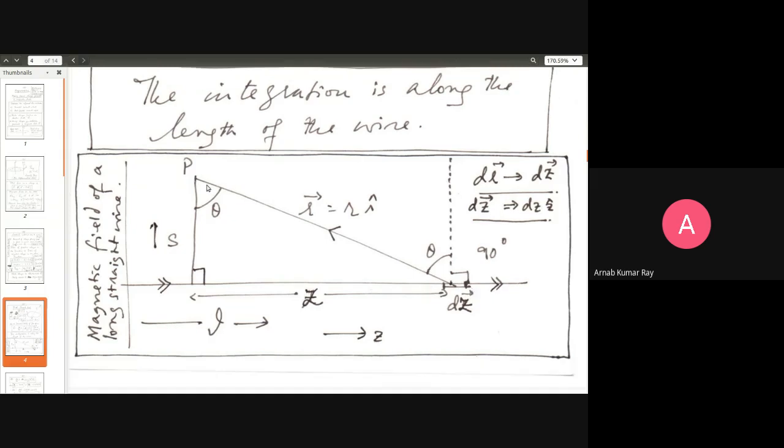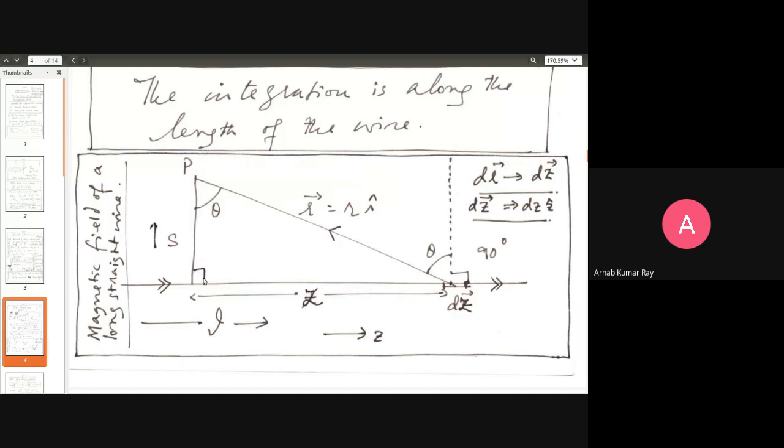Now there are two distances. This is the infinitely long current carrying wire. P from this small line segment, infinitesimally small line segment dz, the distance is vector r, or displacement is vector r. But then P has also got a shortest path distance from this wire, it is s.